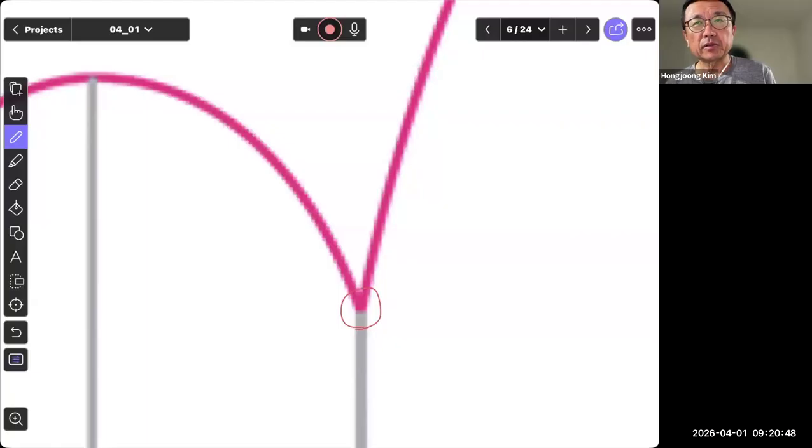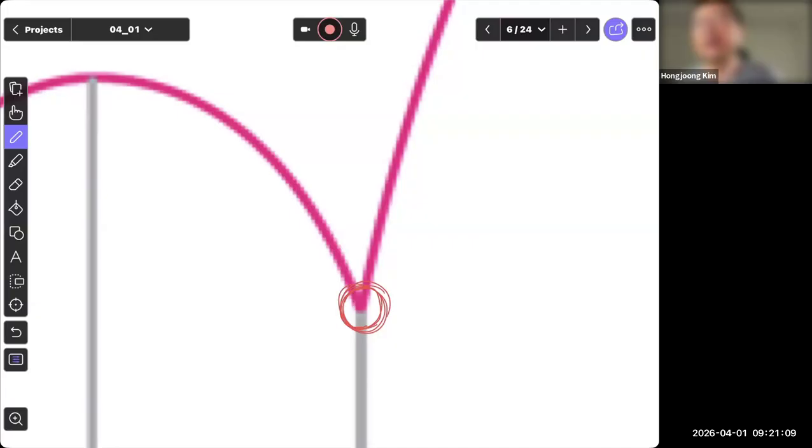On this screen, this value is the smallest value. Mathematically, we say this point is a kind of minimum when I zoom in.